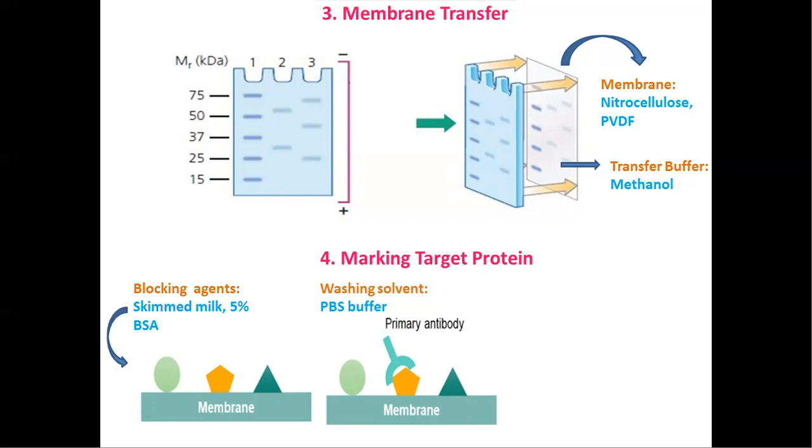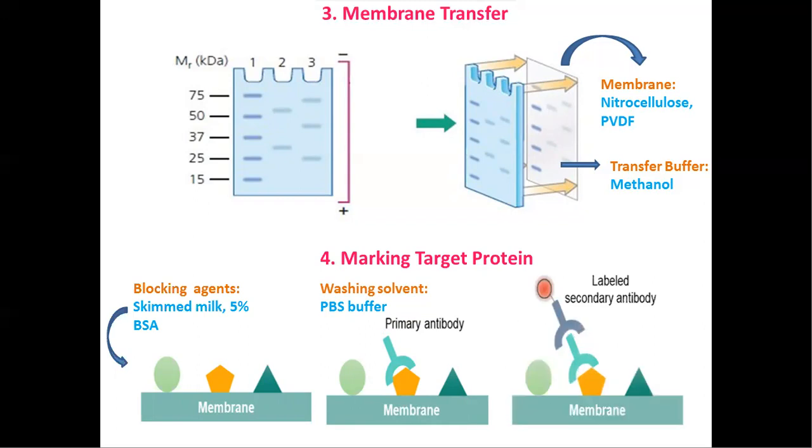Finally, we add an enzyme-labeled secondary antibody to mark the primary antibody, which is already bound with the target antigen. Here we use a horseradish peroxidase coupled antibody as the secondary antibody. Sometimes we use a fluorophore conjugated antibody as the secondary antibody.